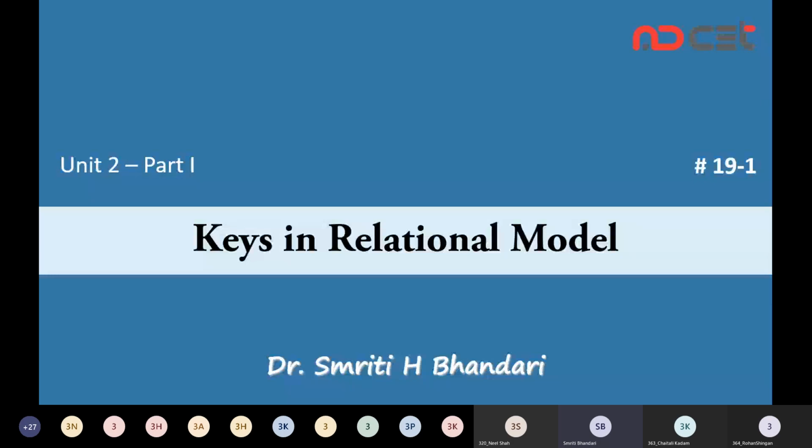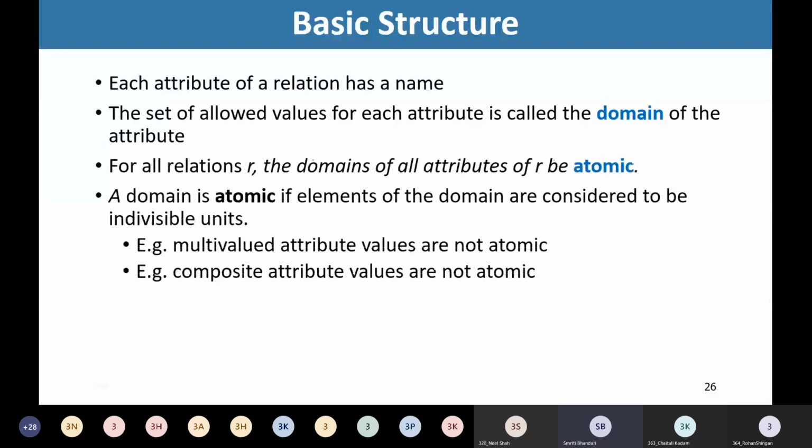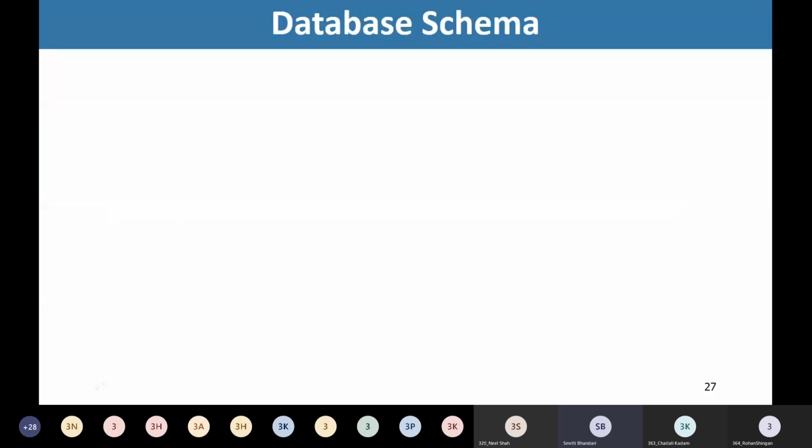Prior to going for the new concept today, let us recall what we have learned about the relational model in the last session, or rather in the last week. So we have gone through a few important terminologies related to the relational model.